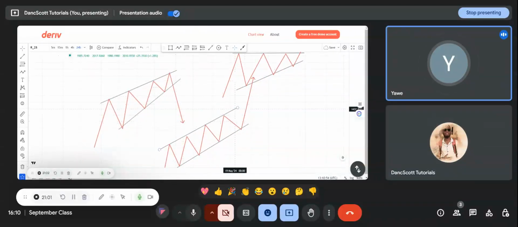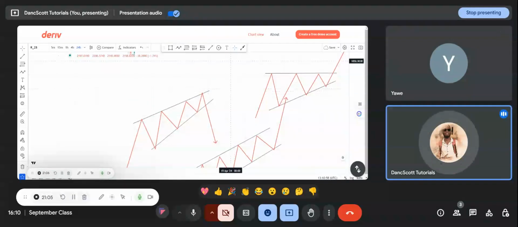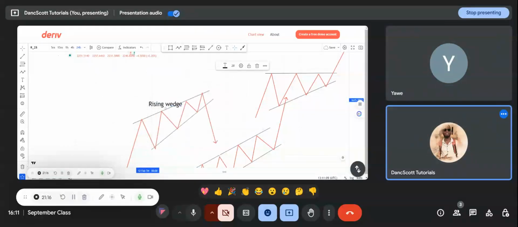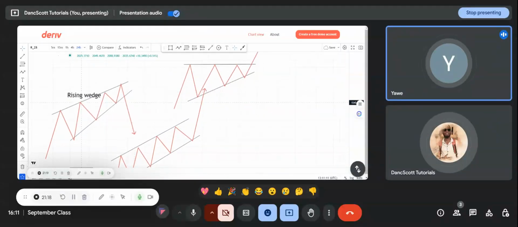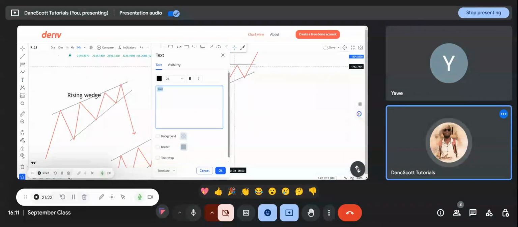All right. So, like I said, this is the rising wedge, or call it bearish. Then we have the ascending triangle here.